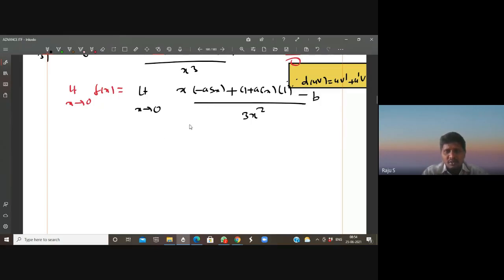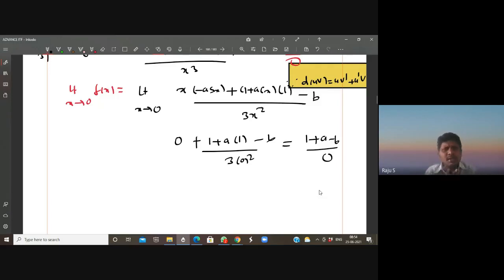See, if I substitute 0 here, 0 plus 0 into anything is 0, then 1 plus a into cos 0 which is 1, minus b is there, by 3 into 0 square. When I substitute 0 in place of x, what will happen here? 1 plus a minus b by 0. Something by 0. Something by 0 means, what, students? Anything by 0 is again infinity.